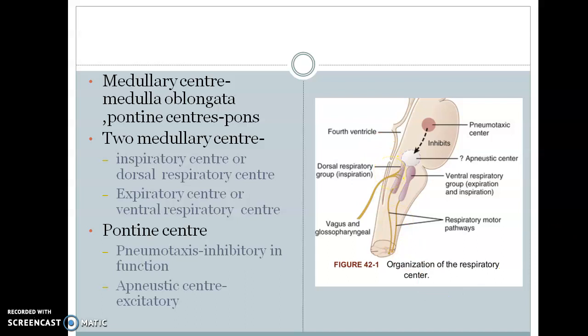This gets stimulated and generates motor impulses. The impulses are transmitted to the inspiratory muscles, that is the external intercostal muscles and muscles of the diaphragm.